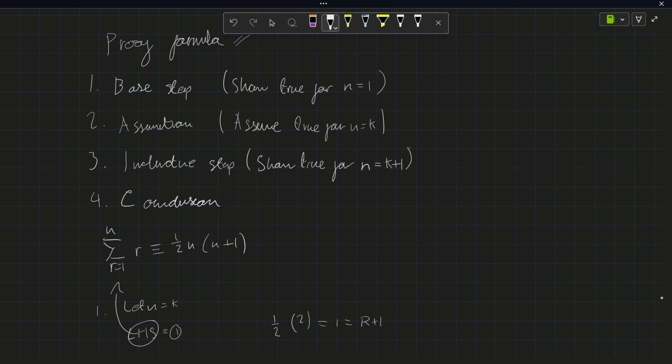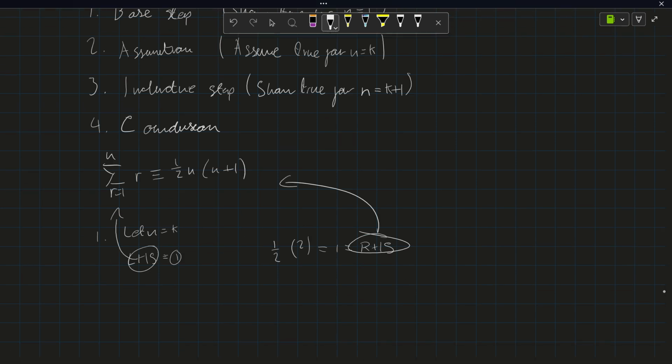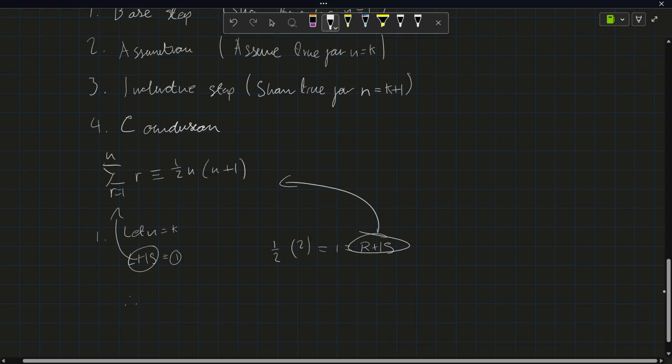Then the RHS, or right hand side. Therefore, shown true for n equals 1, leading to an assumption.